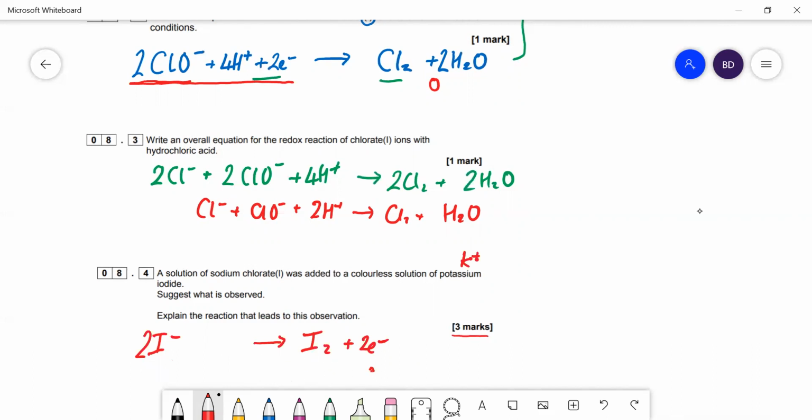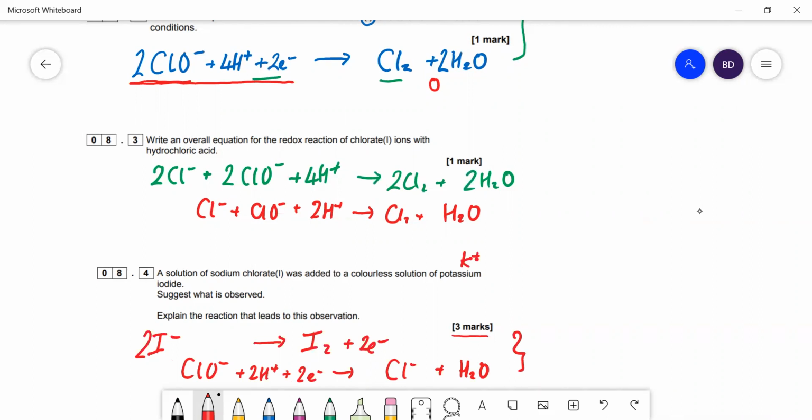The chlorate ion is acting as an oxidizing agent, so it's going to be ClO minus going to Cl minus. So we need an H2O on that side to balance for the oxygen. We need 2H plus, and we need 2 electrons there as well.